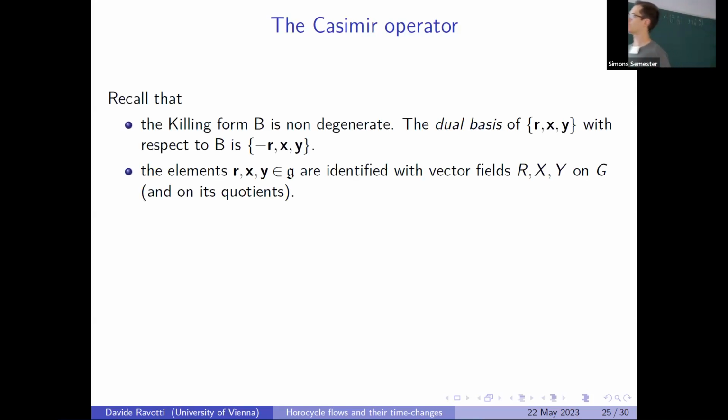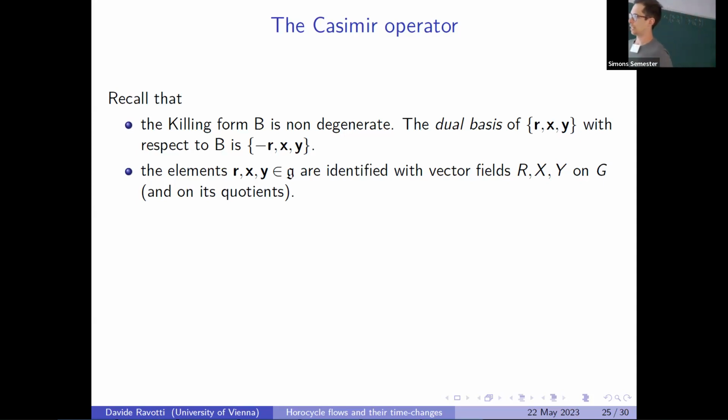As I remind you, the Killing form that we defined is non-degenerate. So every time we have a non-degenerate bilinear form and we have a basis, we can look at the dual basis. Because with respect to this basis my matrix was in a diagonal form, the dual element of R is -R, the dual of X is X itself, and the dual of Y is Y itself, because it was -1, 1, 1.